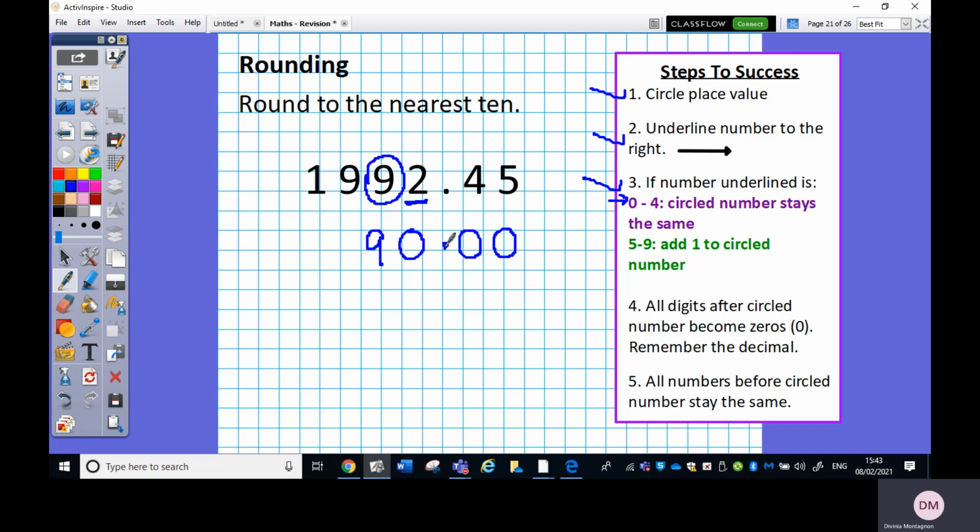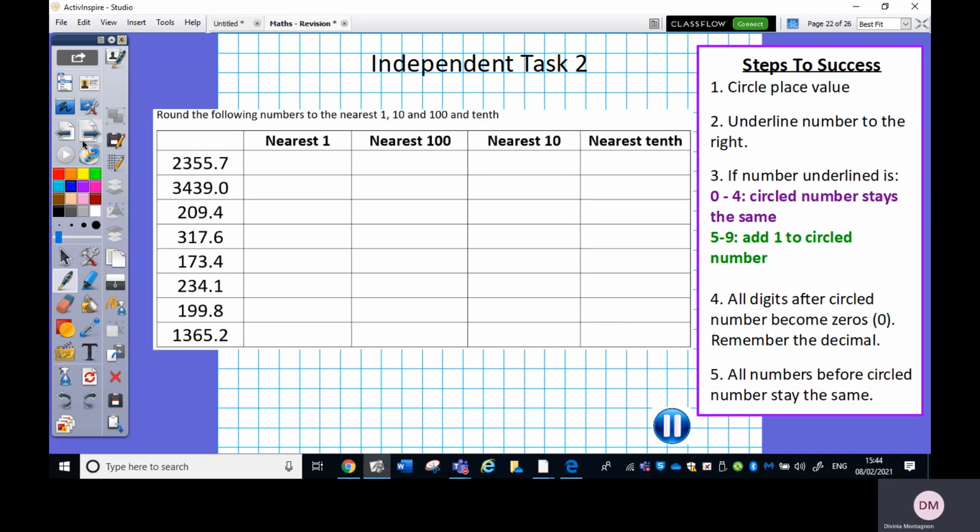It stays in the same place. Thank you for that. And then number 5, all numbers before the circled number stay the same. Good. So I'm going to write 9 and 1. So 1992.45 rounded to the nearest 10 is 1990. Great.